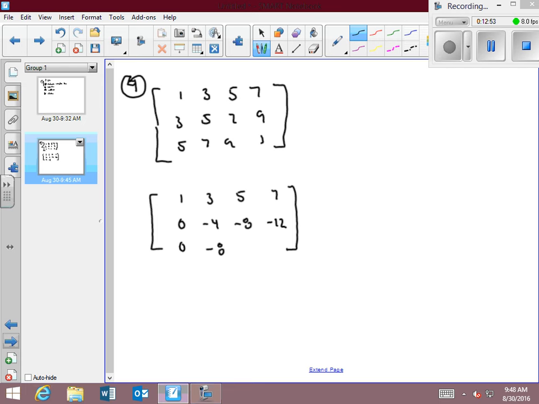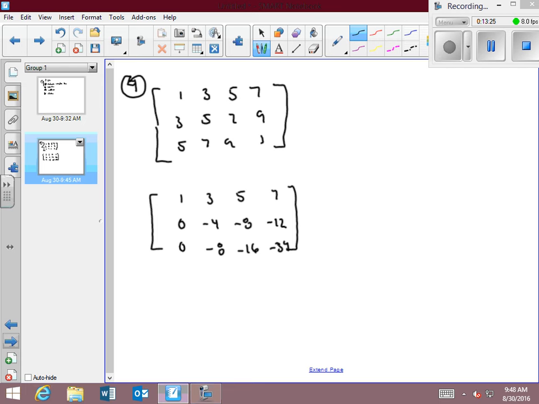Minus 5 times 5 is minus 25, plus 9 is a minus 16. Minus 5 times 7 is minus 35, plus 1 is minus 34. Is that what everybody got? I can't add, subtract, multiply, or divide in my head, so I have a little trouble with this.